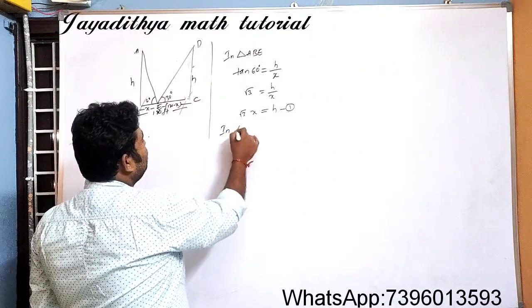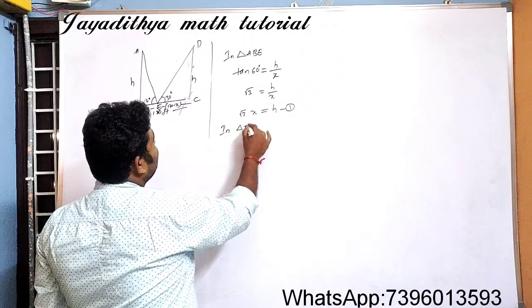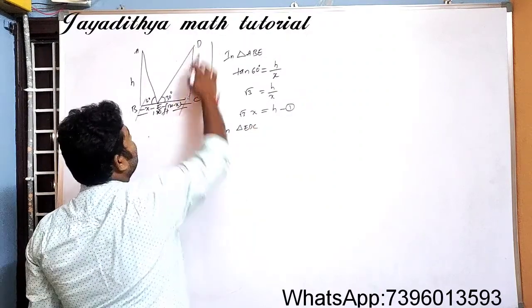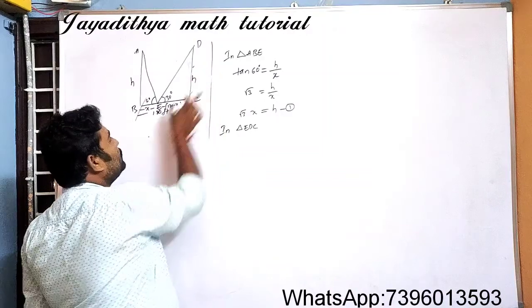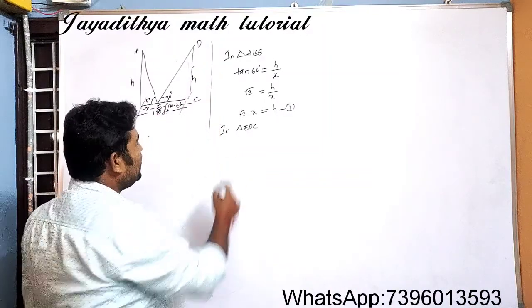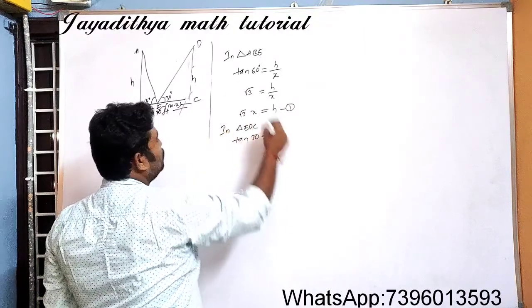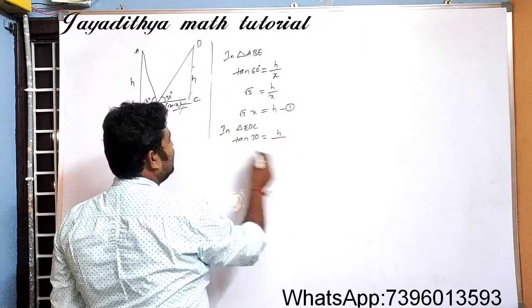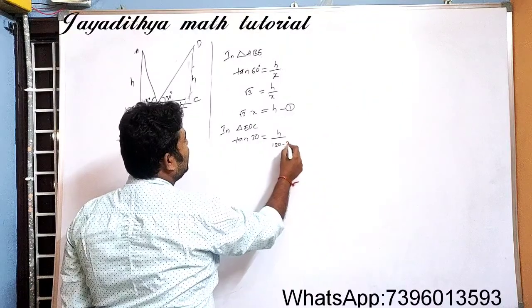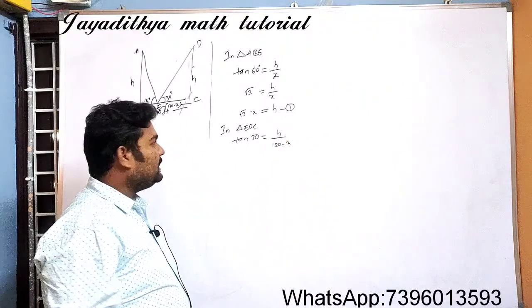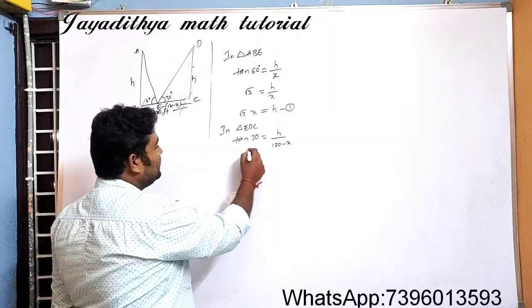Next, take the second triangle. In triangle EDC, again you have the opposite and adjacent side. So what ratio should you take? You should take tan again. So tan 30 is equal to the opposite side h by the adjacent side 120 minus x. What is tan 30 here?